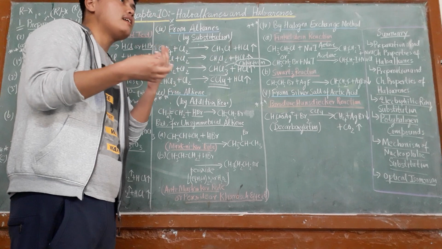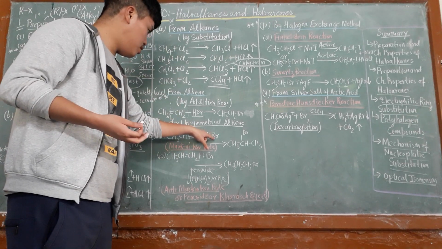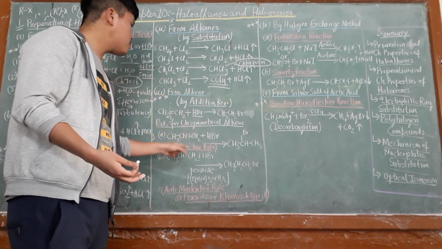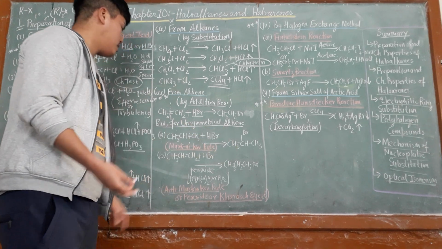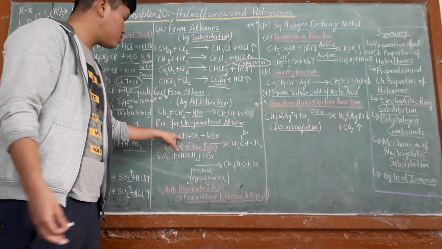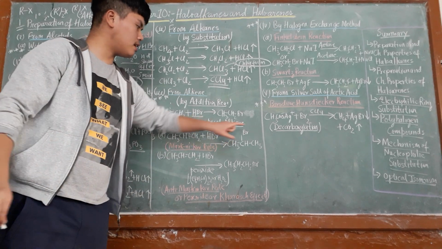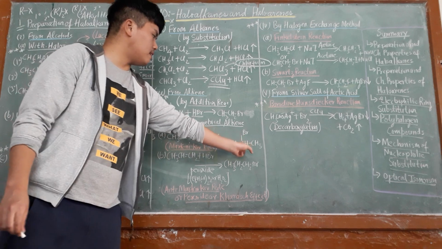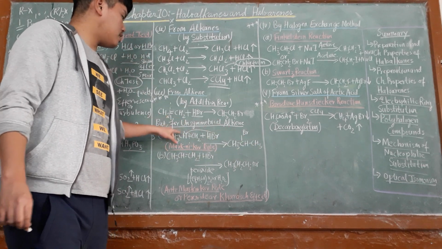The law states that the halide group, or you can say the bromide in this case, the halide group will attach to that carbon which has the lowest number of hydrogen. So Br will attach to this carbon, and H will attach to the next carbon, the one with more hydrogen.